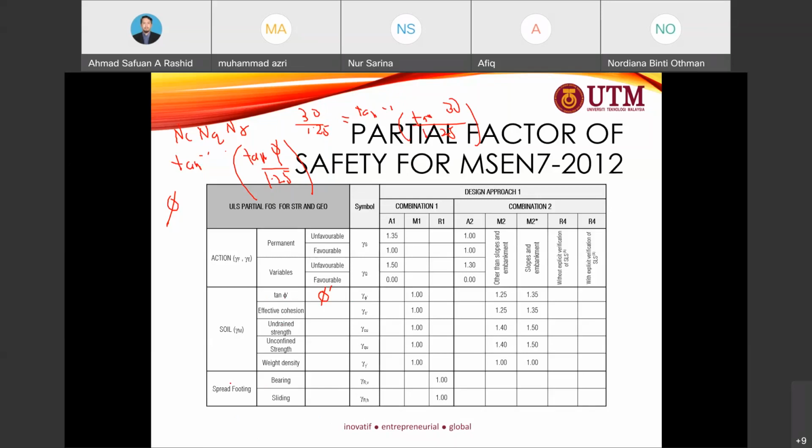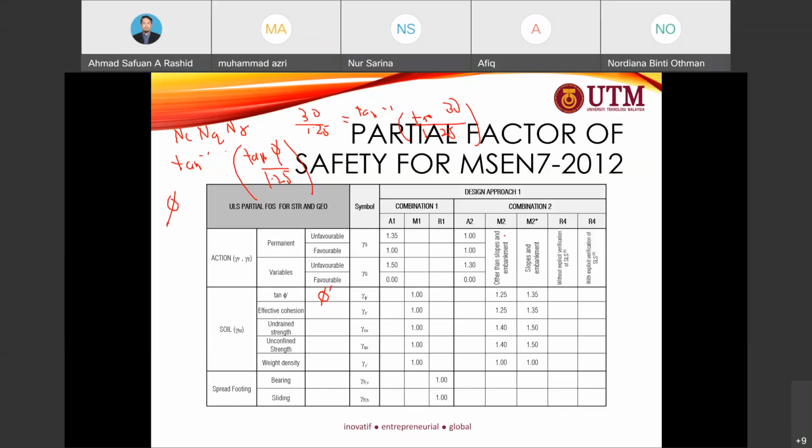For example, for bearing capacity, we may apply the R1. For sliding, we also apply the R1, which is equal to 1. So the M2 has two conditions. If the shallow foundation is not located on a slope or embankment, we are using the M2.